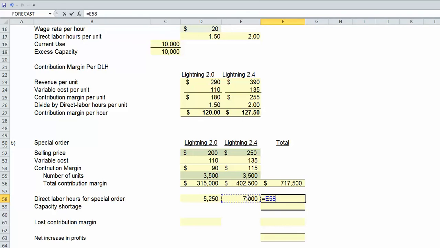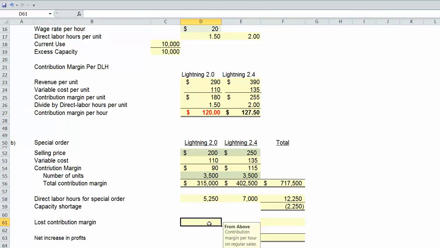This special order is going to take a combined 12,250 hours, which means since we only have 10,000 hours available, we have a capacity shortage of 12,250 minus 10,000, or 2,250 direct labor hours. Recall, since our contribution margin per direct labor hour is lowest for the Lightning 2.0, that's the product we will give up first.